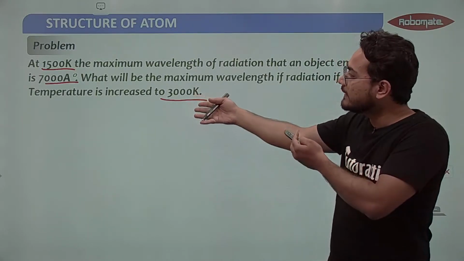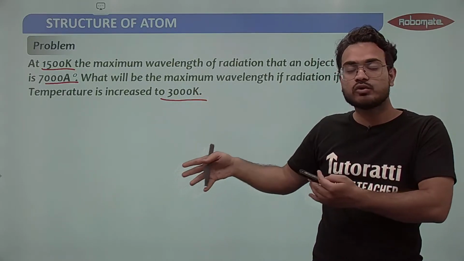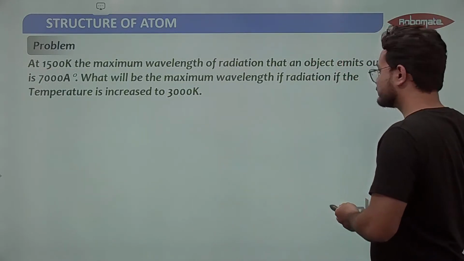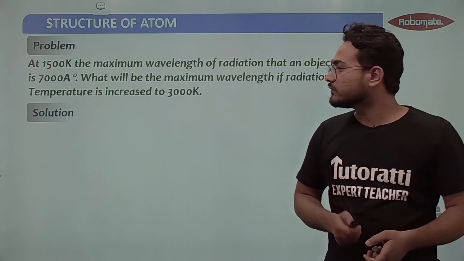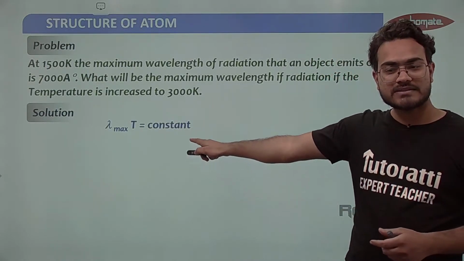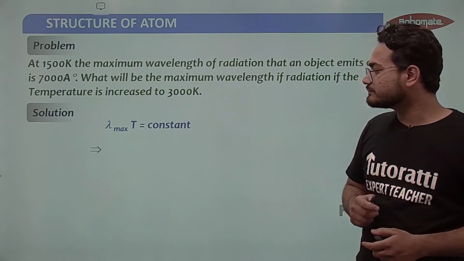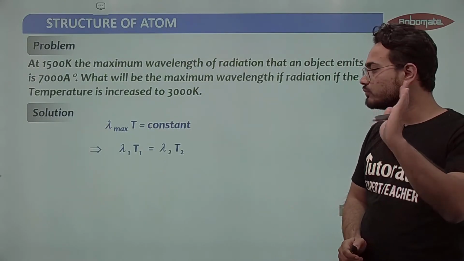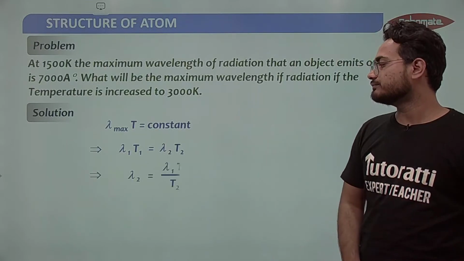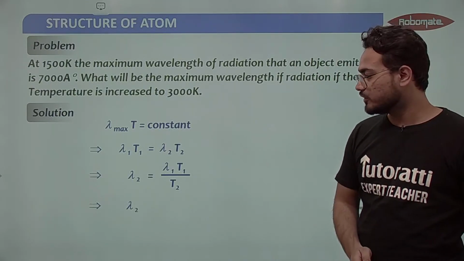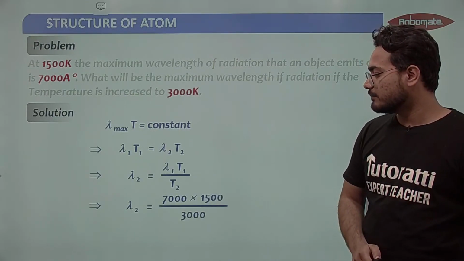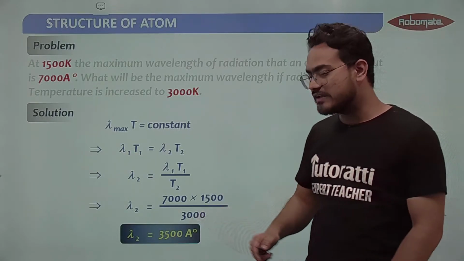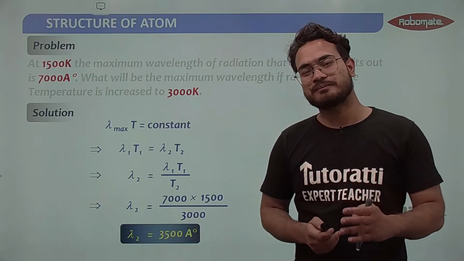You can also write it as lambda 1 T1 is equal to lambda 2 T2. Just put the values, and the answer will come. It's quite easy, I guess. The answer will be 3500 angstrom.